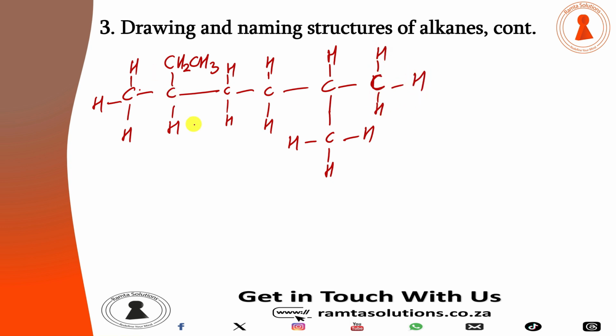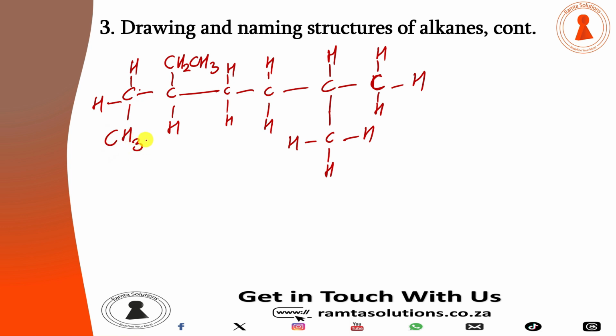Okay. First thing first, recognize a functional group. Single carbon-carbon bond. What is that homologous series? Alkanes. Okay, cool. What is the longest chain? I think here I should add a CH3 as well.